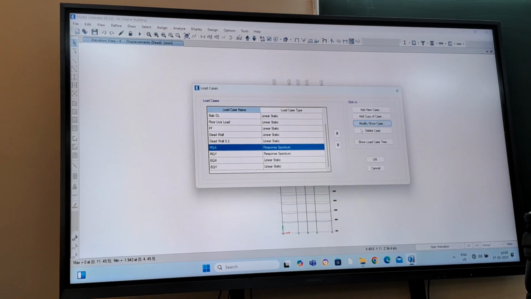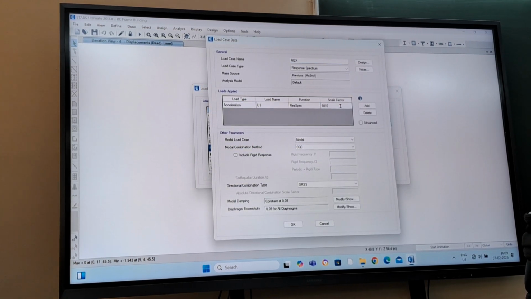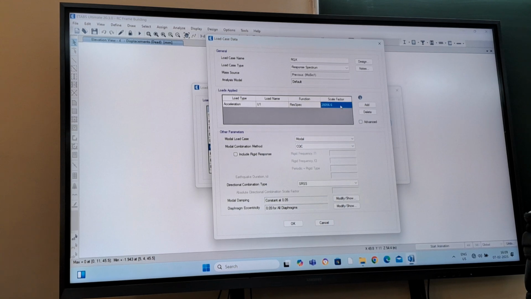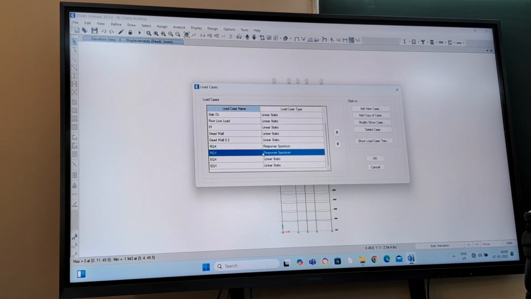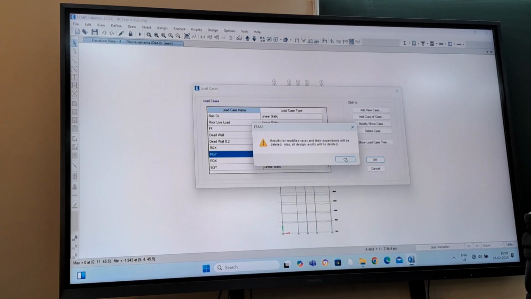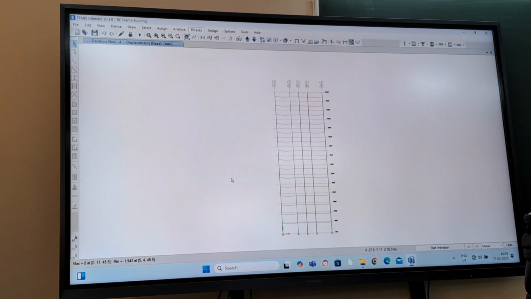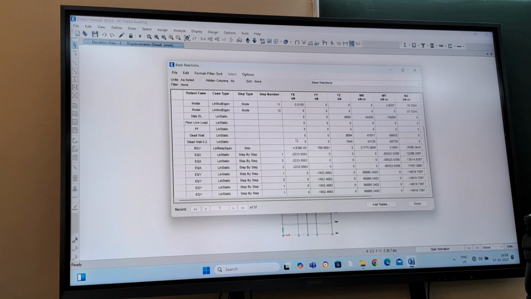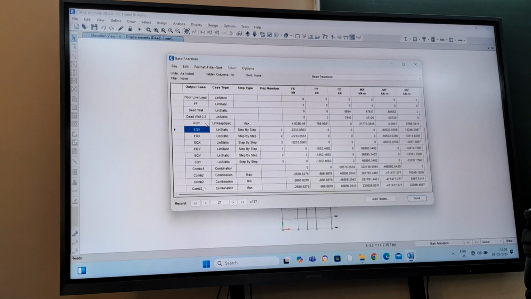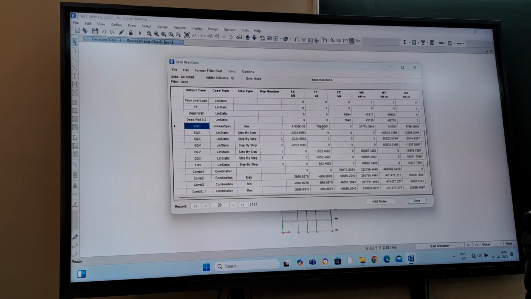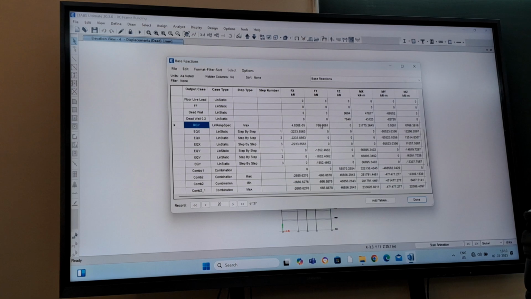This is for X, right? 2.86. And what about Y? 1852 divided by 769, that is 2.41.